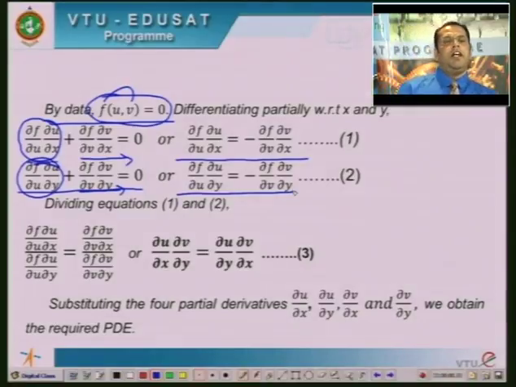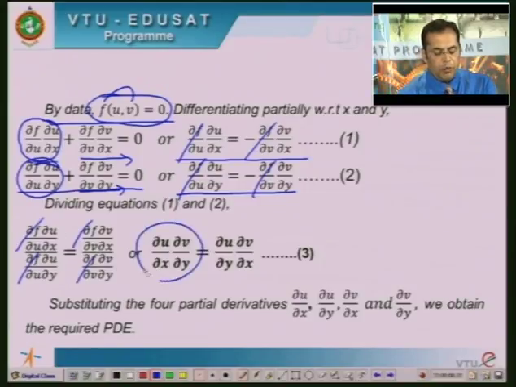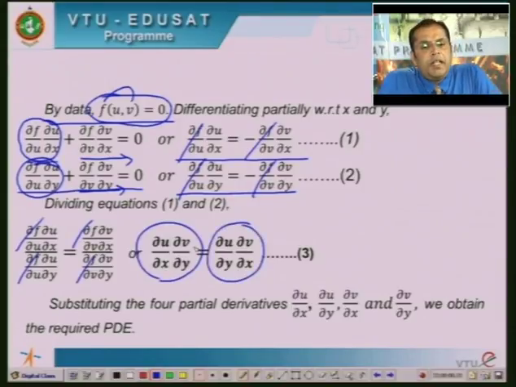So, again divide equations 1 and 2. In the LHS dou f by dou u will cancel. In the RHS, the negative sign as well as dou f by dou v will cancel, leaving you dou u by dou x by dou u by dou y equal to dou v by dou x divided by dou v by dou y, or on cross multiplication you get dou u by dou x into dou v by dou y equal to dou u by dou y into dou v by dou x.